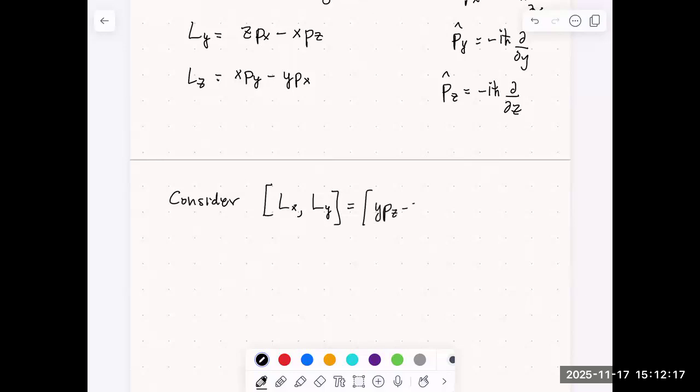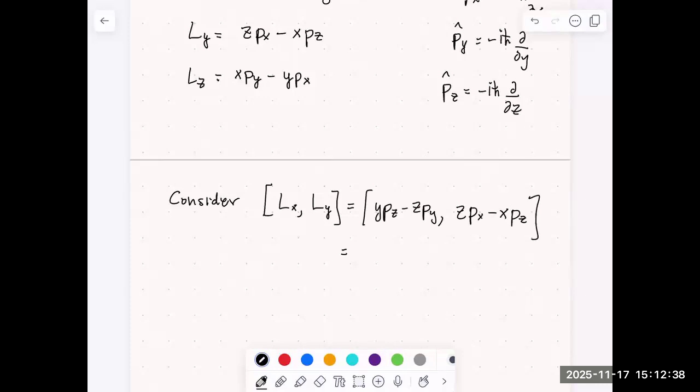So the commutator of y pz minus z py with z px minus x pz. Okay, so this is just Lx and this is Ly. What we can do with commutators is break this up into a bunch of individual commutators.